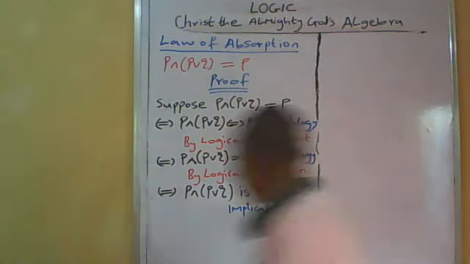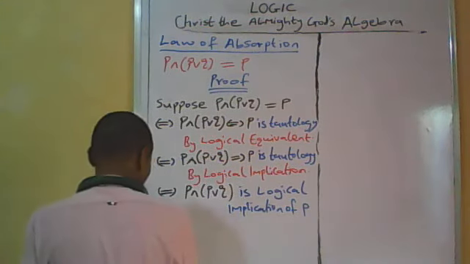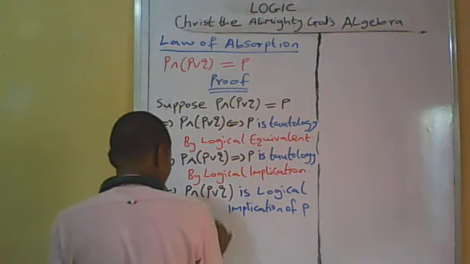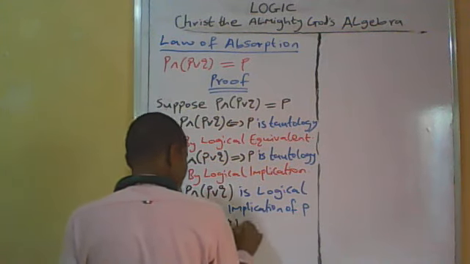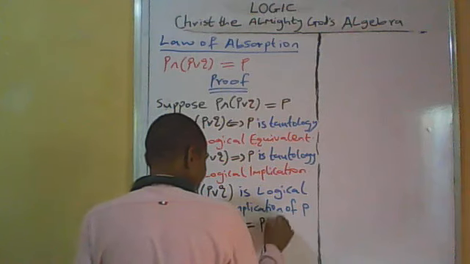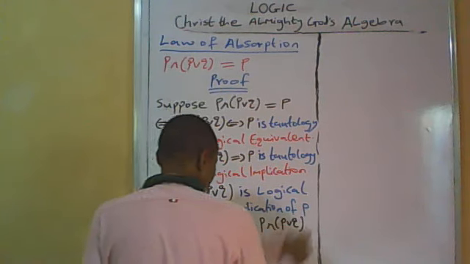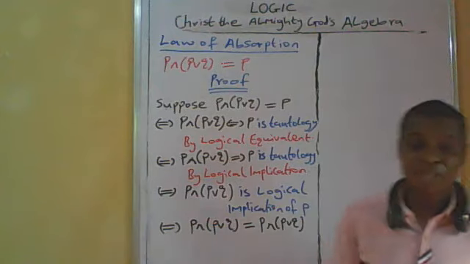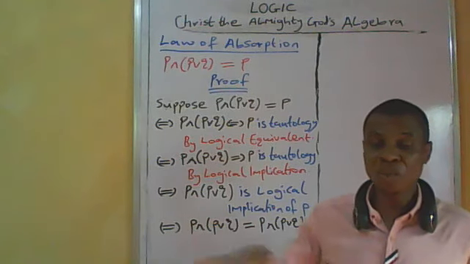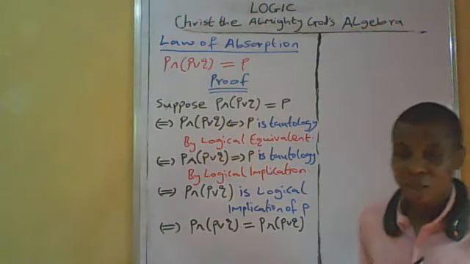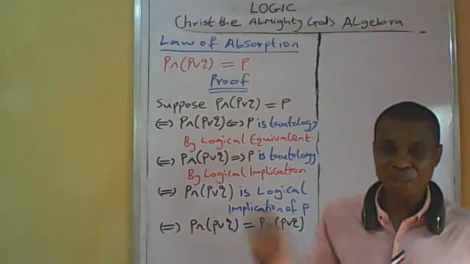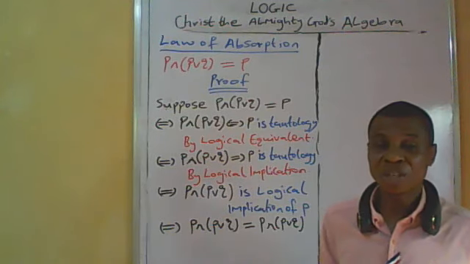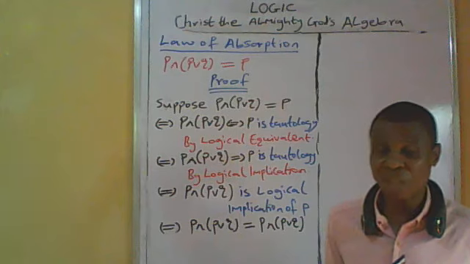So if this is true, this must also be true: P and bracket P or Q if and only if P and bracket P or Q. That means the logical implication is equal to itself, and it is true because they are logically equivalent.